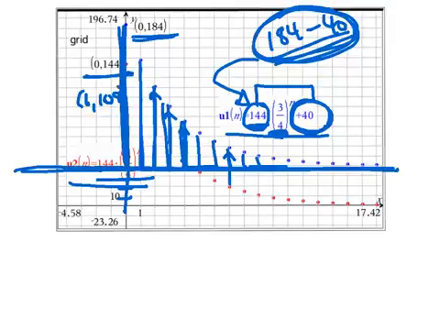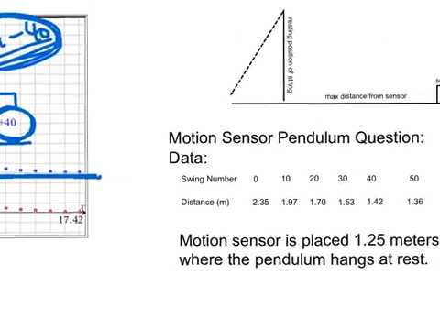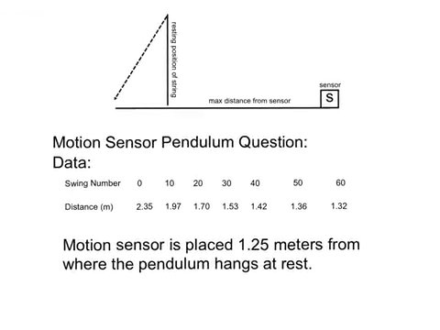All right, so let's take a look at a scenario and see if we can make sense of what's happening. Let me describe a little bit. You know those motion sensors that we were using in class when we did the walking graphs? Well, I've got one of those sensors placed here. And over here, I have a pendulum that is swinging like this, back and forth.